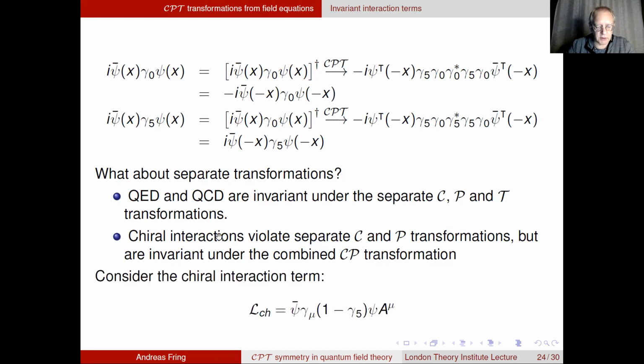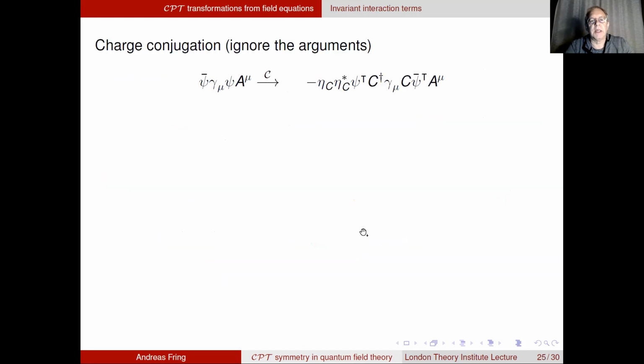So let us see how this comes out. I'm writing down here some chiral interaction term: psi bar, gamma mu, 1 minus gamma 5, psi, a mu. And we just want to check now the charge conjugation.